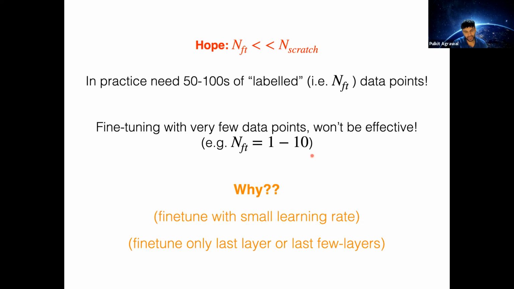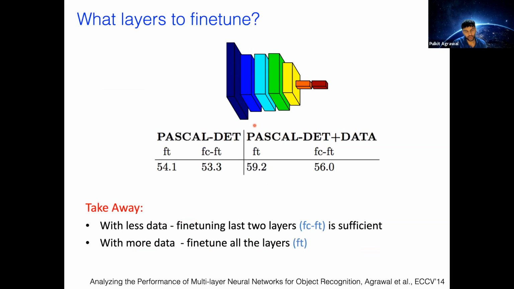And as was pointed out earlier, when should we train just the last layer or just the last few layers? I think that really depends on how much data there is on the new task that you're fine-tuning on. For example, this is from a paper a while back. There is a task of doing object detection on the Pascal dataset.